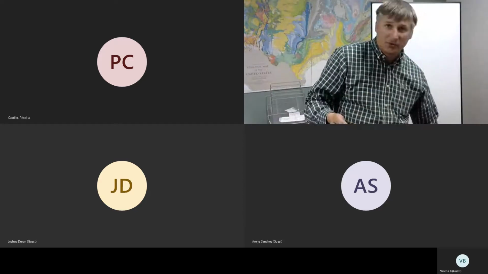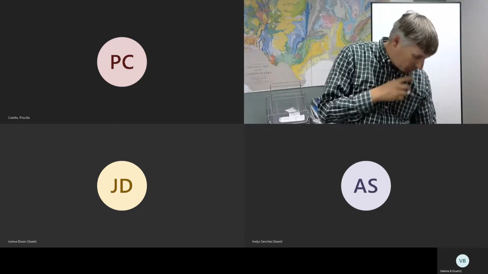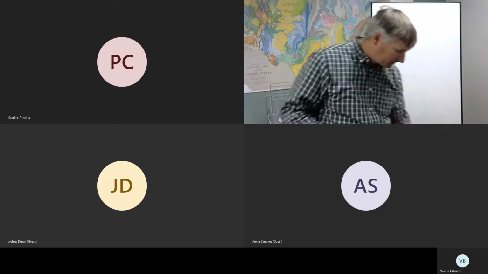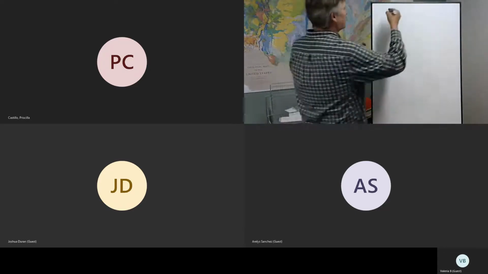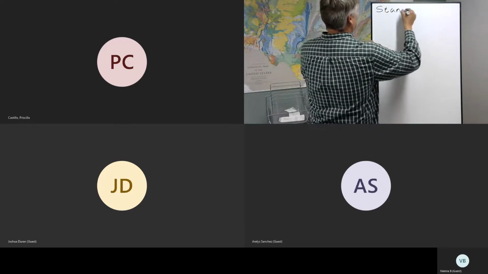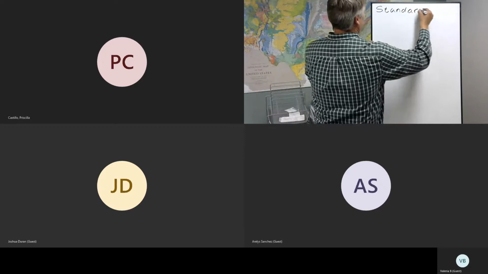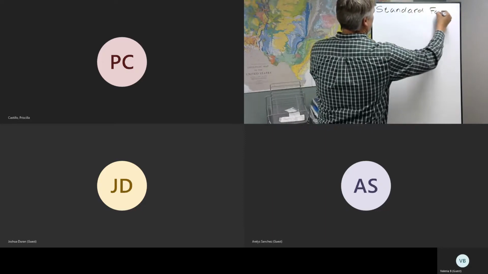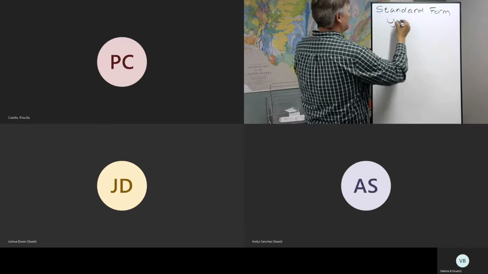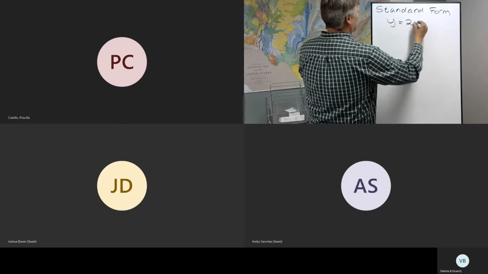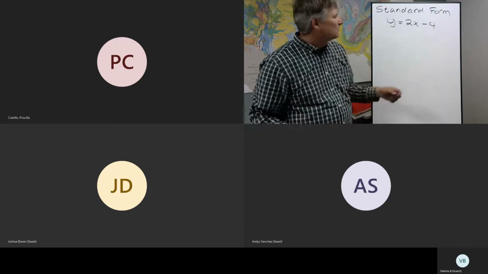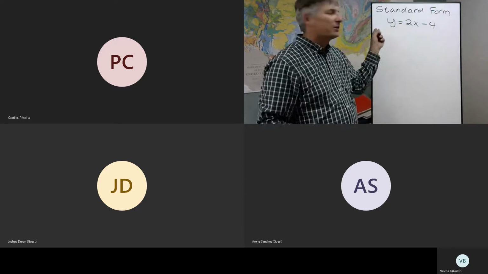Now, that's one version of the line I have. It's the y equals mx plus b. There are others. There's standard form. So what I can do, I'm going to move this 2x over here by subtracting.